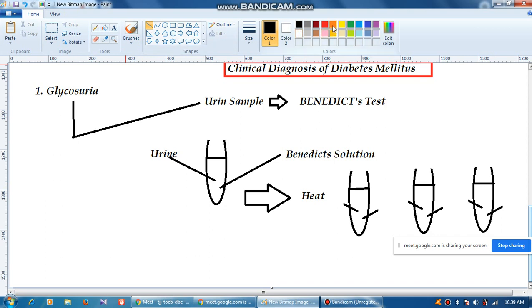First, it could be a brick red color. Can you see? Now it has become a brick red color. Then one more thing, it could be green.